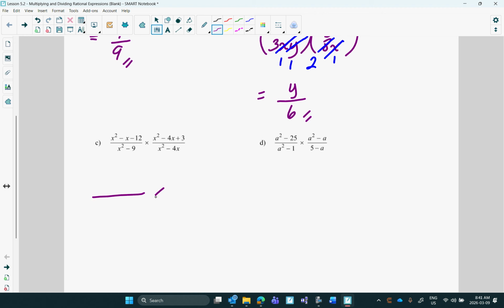So we need to factor. We can actually factor both the denominators and both the numerators. This is a trinomial, so it's going to go to two binomials. X and X. I'm looking for two numbers that add to -1 and multiply to -12. 3, -4.